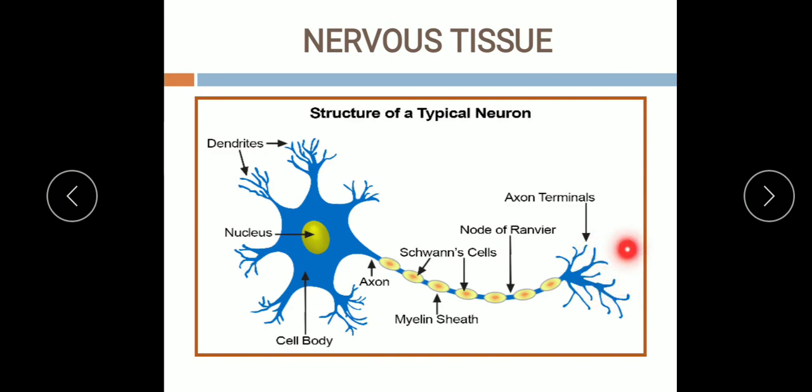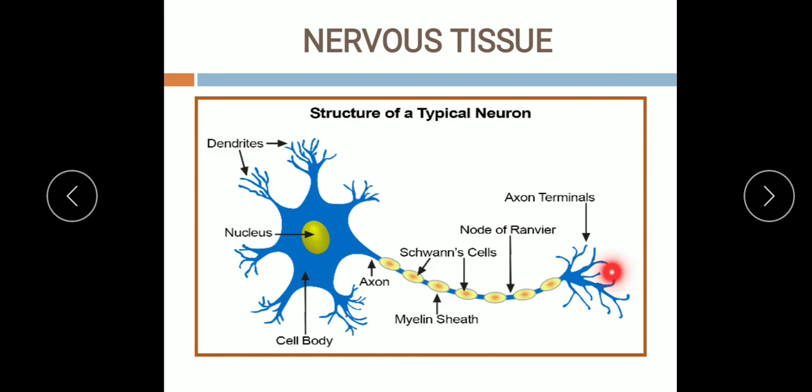Means this terminal end forms the connection with another neuron by connecting it with the cyton of another nerve cell. So this loose connection between the axon ending of one nerve cell and the cyton of another nerve cell is known as the synapse.